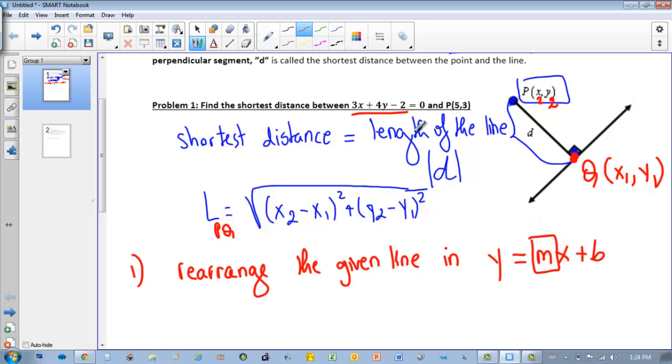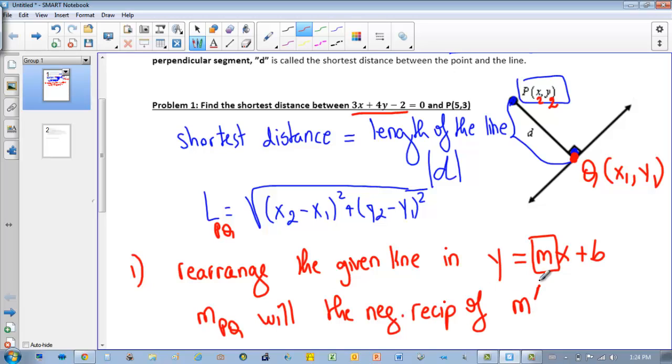Because the slope of the given line will give us a clue as to what the slope of line D or line segment PQ is. So the slope of PQ will be the negative reciprocal of m over here, because the two lines are perpendicular to one another.